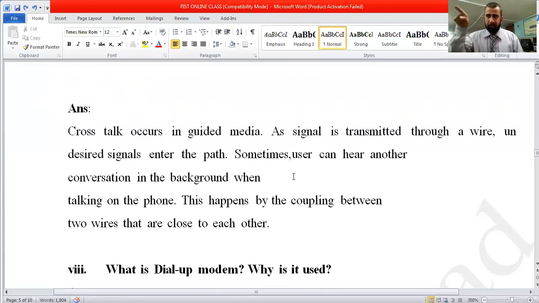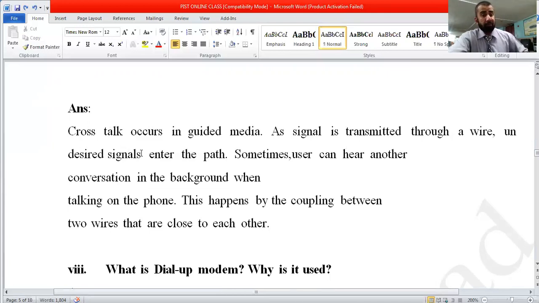While you are on the line talking to your fellow, your father, your brother, your mother, whatever, at the same time you can hear another person whom you don't know talking. This is called crosstalk. It means you are talking and another line joins your line.